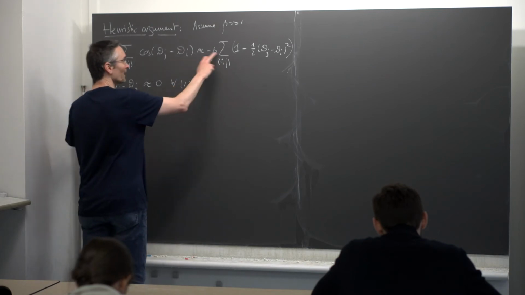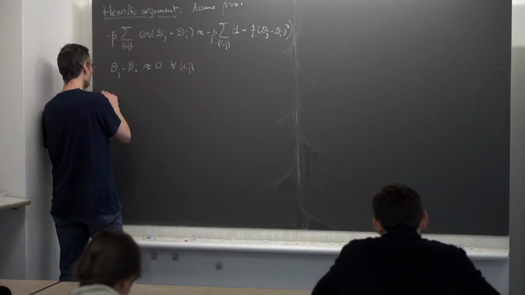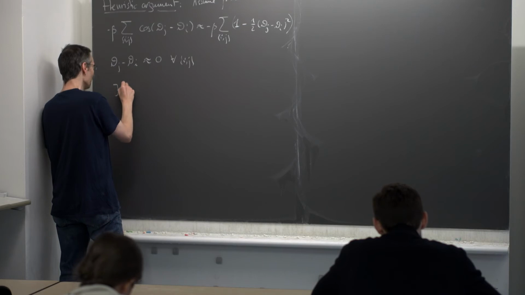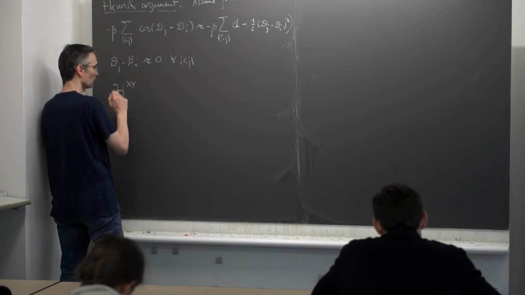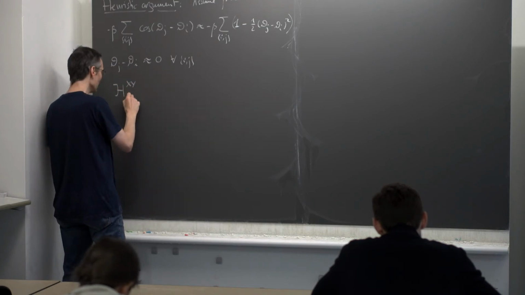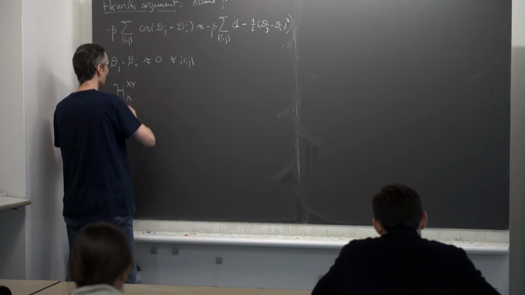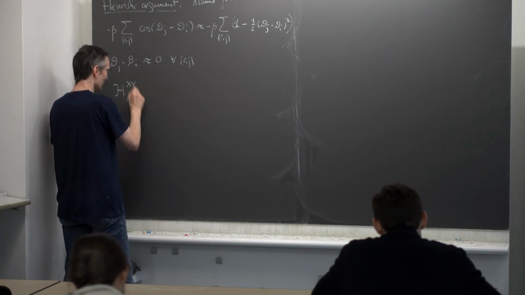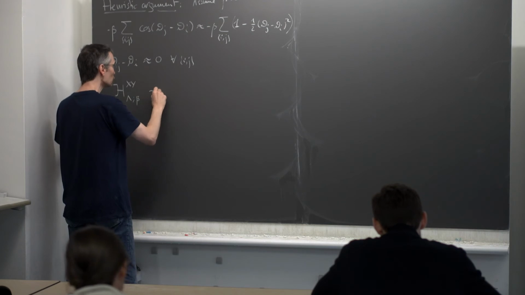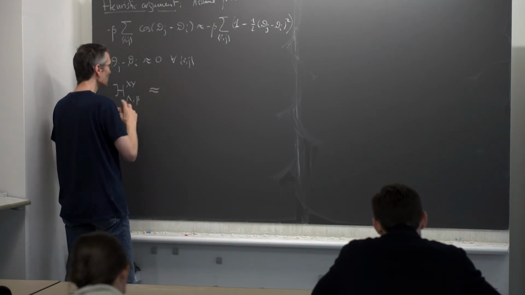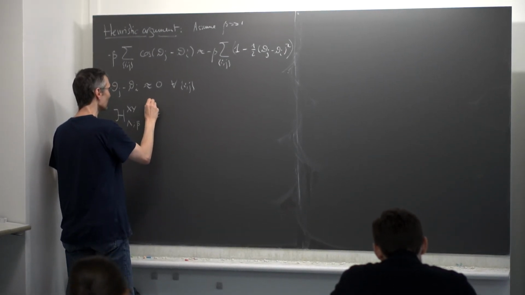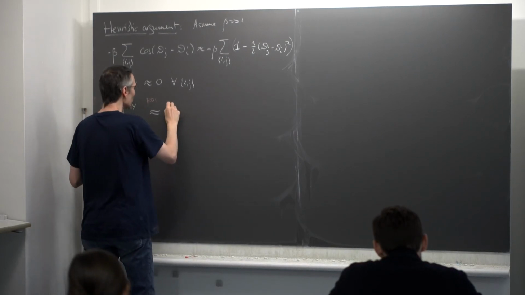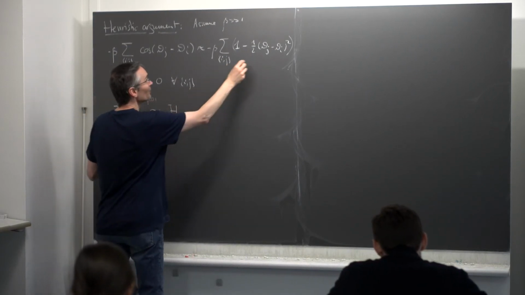But if you do that, you see that this tells you that the Hamiltonian of the XY model, in lambda at inverse temperature beta, should be close, when beta is very large, to the Hamiltonian of the Gaussian free field.